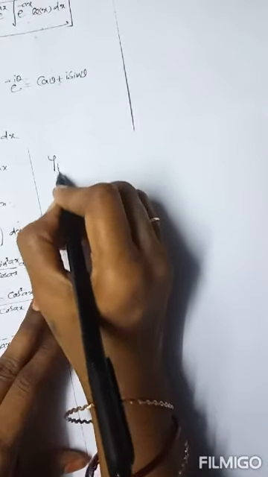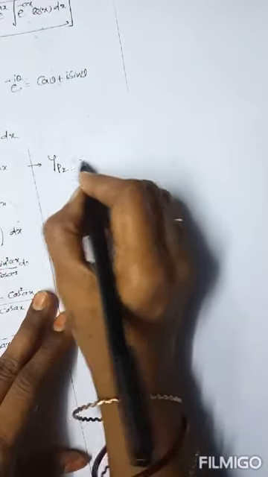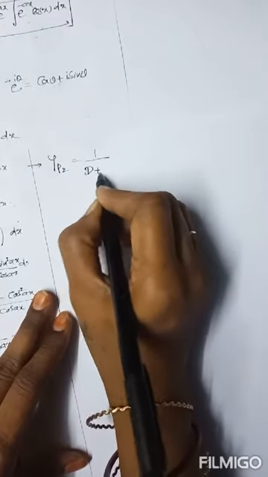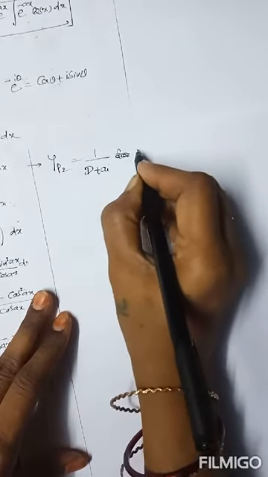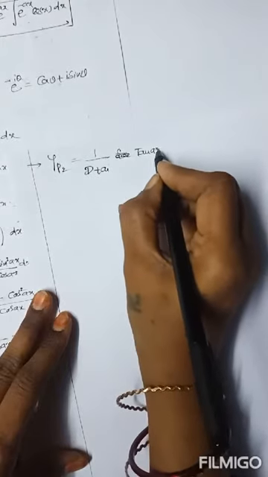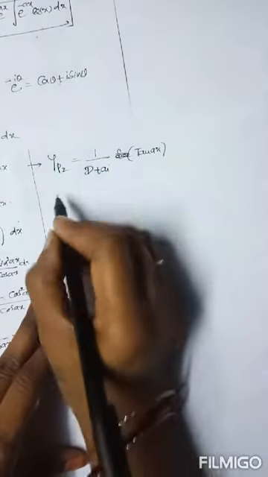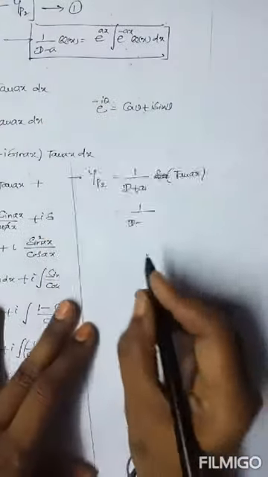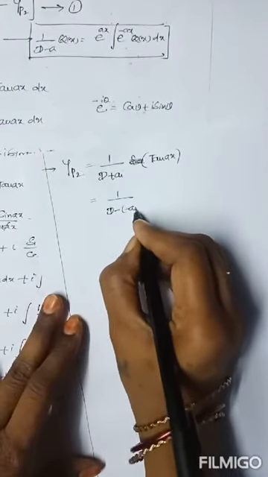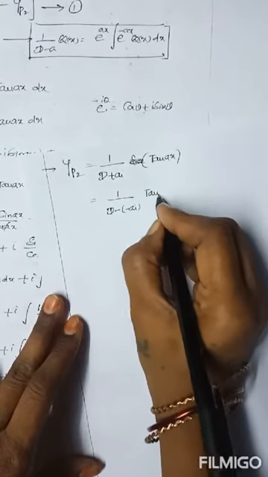Next, yp2: 1 by (D plus ai) tan ax. Here for the plus there is a rule, so that plus can be written as minus of minus ai tan ax.